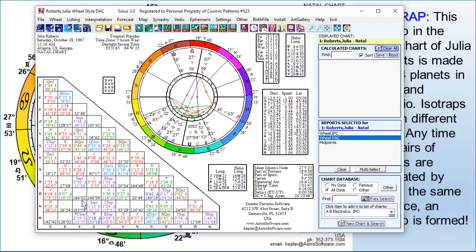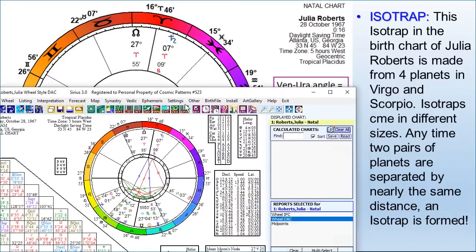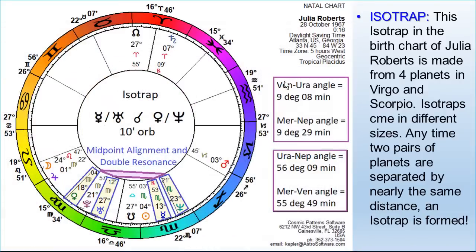It's not a rounding error. Anyway, it's only 1 minute. So 9 degrees 28 minutes is a little more precise than when we subtract it manually and get 9 degrees 29 minutes. But my real point is that you can look at that aspect grid and confirm that the distance from Venus to Uranus is 9 degrees 8 minutes, and the distance from Mercury to Neptune is 9 degrees 29 minutes.